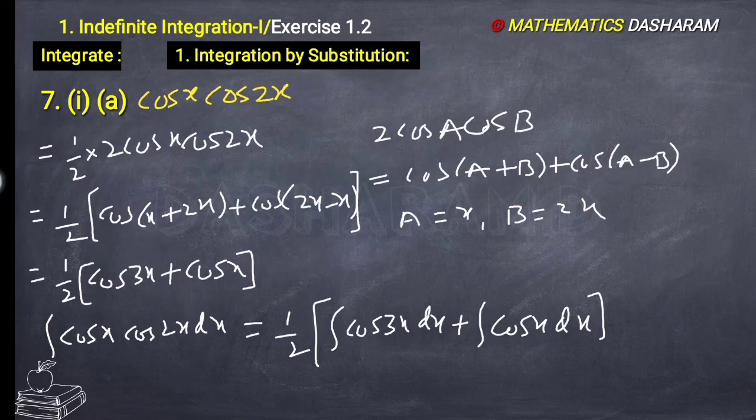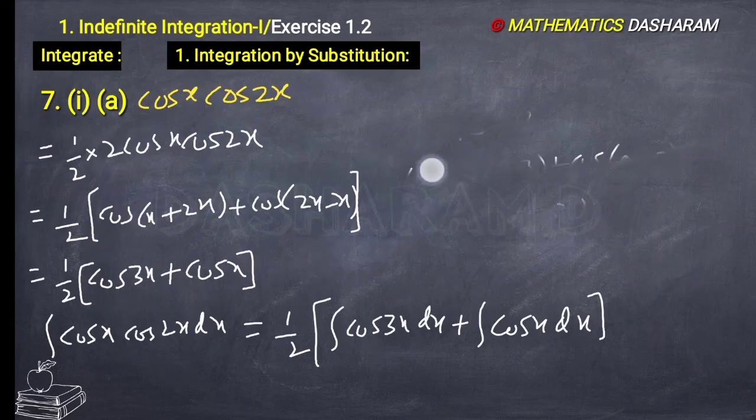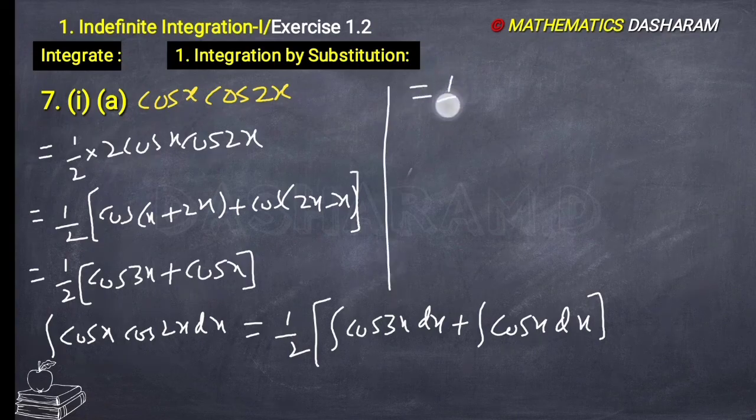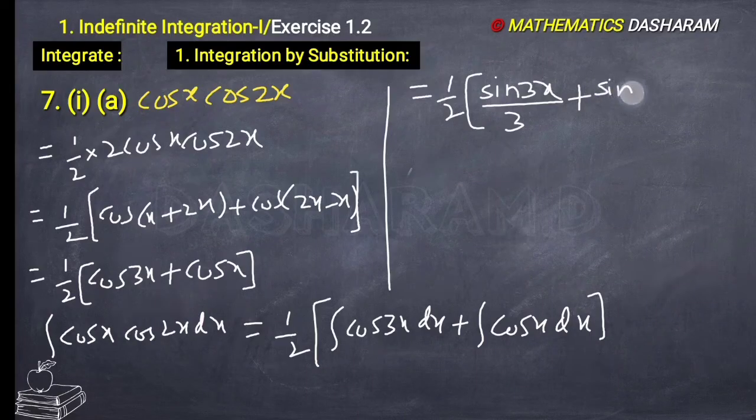So then it is equals to 1 by 2 bracket of integration of cos 3x is sin 3x and divide with the derivative of 3x, so derivative of 3x is 3, plus integration of cos x is sin x and divide with the derivative of x, that is 1, and add one constant.